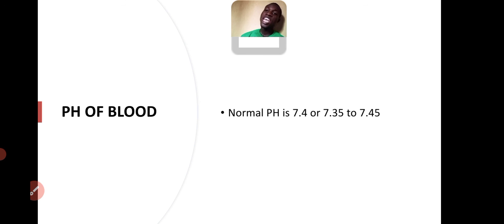So our pH is 7.4 or 7.35 to 7.45. That is our pH reference range in laboratories. That is our normal pH for an individual. Blood pH, not urine pH. Normal blood pH is 7.4 or 7.35 to 7.45.